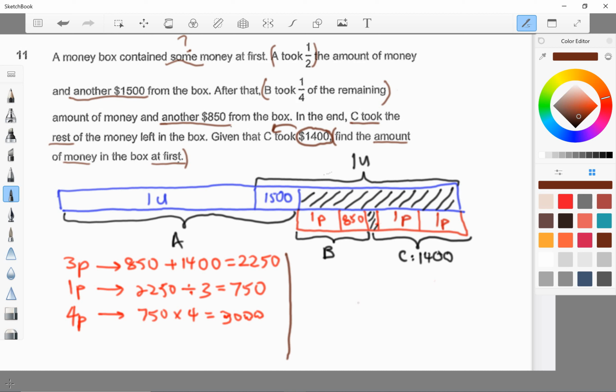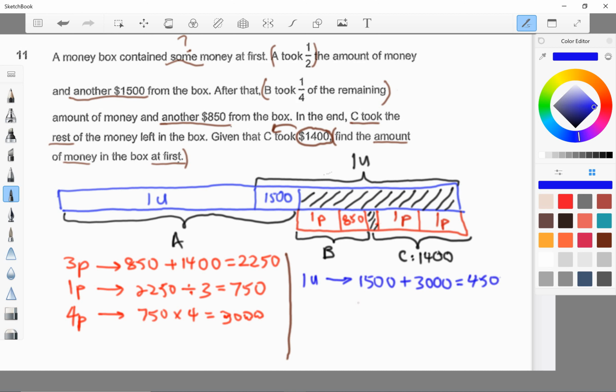So if you look at the model again, you realize that the entire shaded portion is the remainder. And from what we gather, one unit is actually 1500 plus 3000 plus the remainder. So 1500 plus 3000 gets us to 4500.